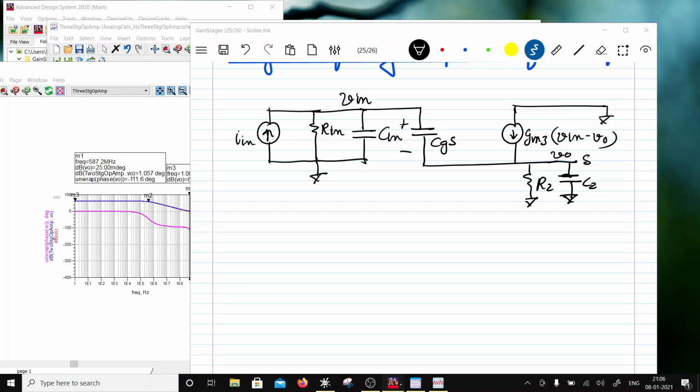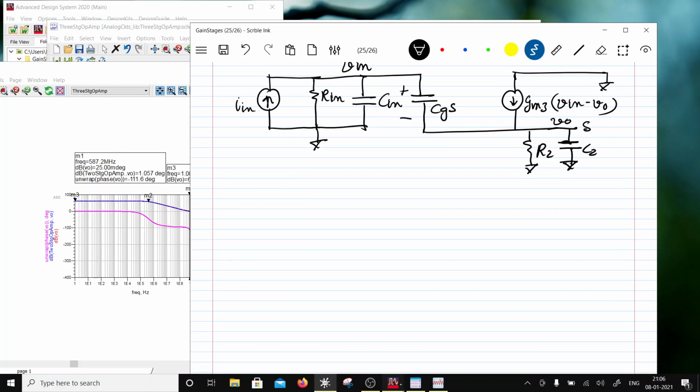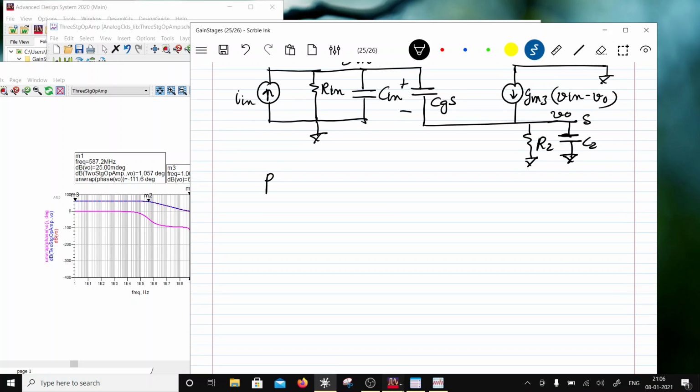Now the point to note is that if there is a VO, the source is at a higher voltage, then there's going to be body effect, and then there is going to be a GMB term here, GMB VO. So the current is GMB VO and the voltage is VO, so it is equivalent to a 1 over GMB3 resistance tied to ground. So that can be included in R2.